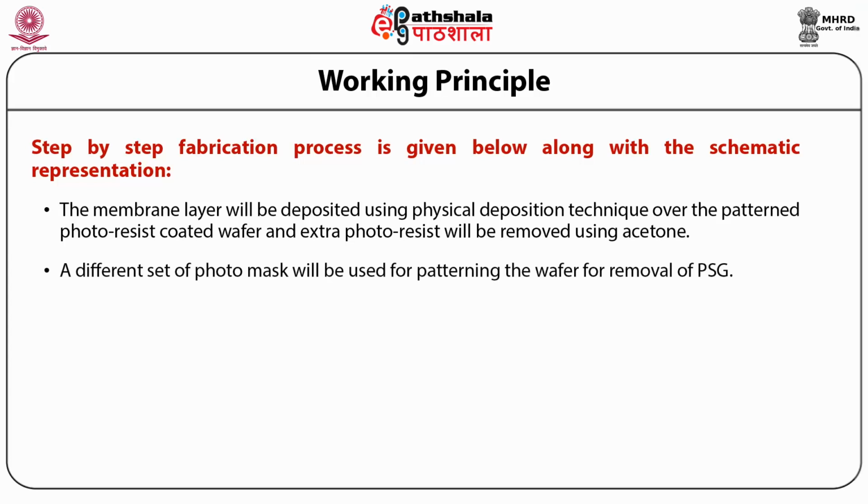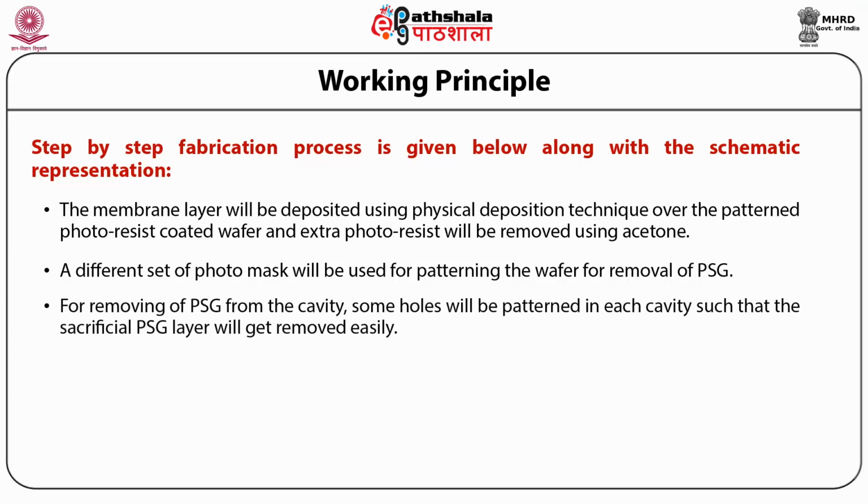A different photomask will be used for patterning the wafer for removal of PSG. Here PSG is polysilicate glass. For removing the PSG from the cavity, some holes will be patterned in each cavity such that the sacrificial PSG layer will get removed easily.